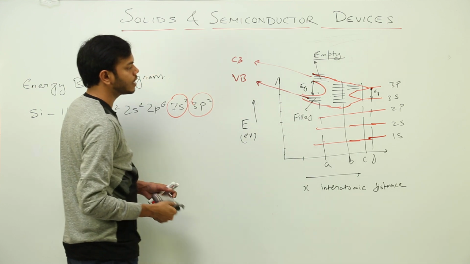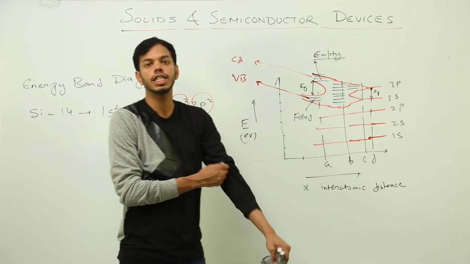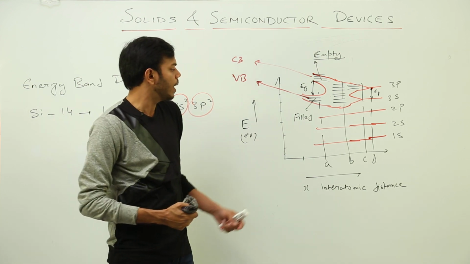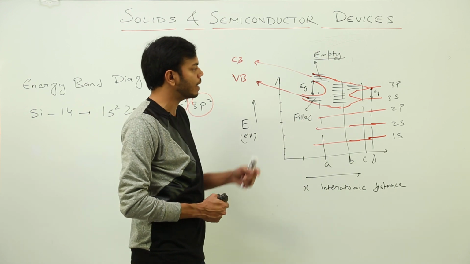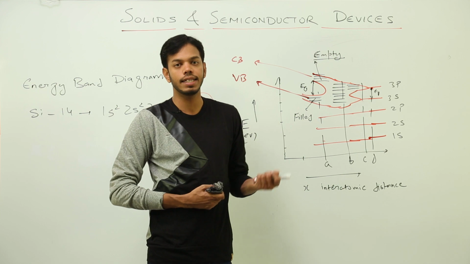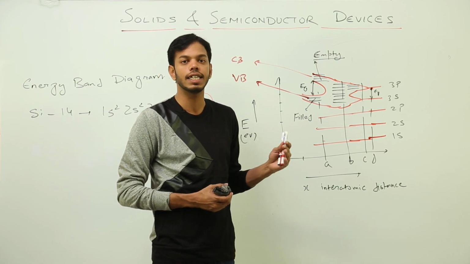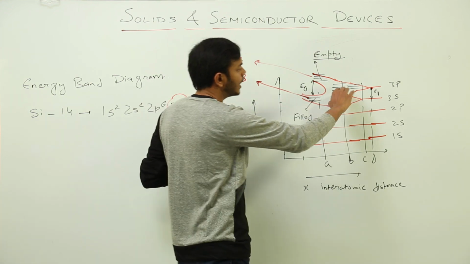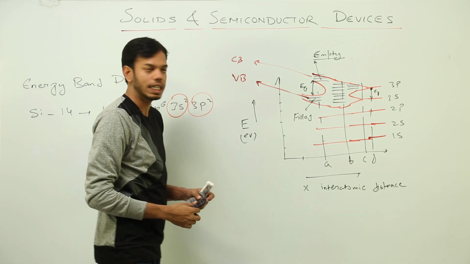When the interatomic separation was D, there is no change in the energy level of any electron. When it is decreased to C, the innermost shells remain intact but the outermost shells got split up because the electrons of the outermost shells got excited and they started vibrating in different energy levels. So instead of defining it in discrete energy levels, we have split the 3p and 3s energy levels.